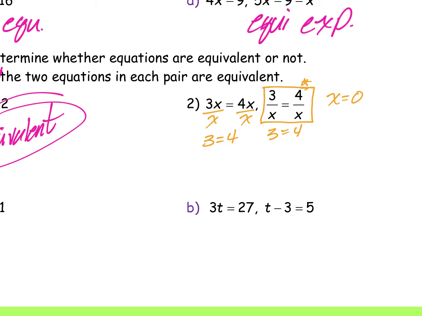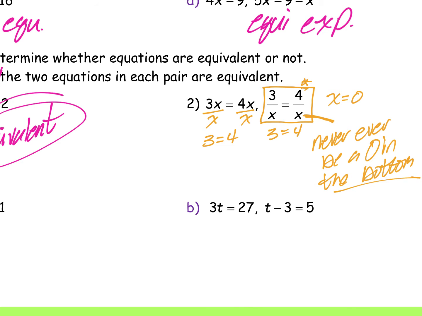It can't, right? Because if 0 is in the denominator, I get an undefined function. There can never, ever be a 0 in the denominator.